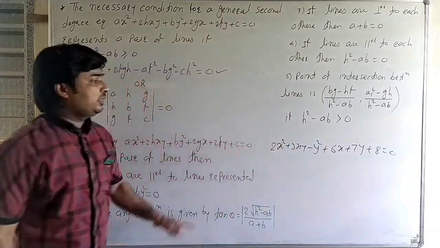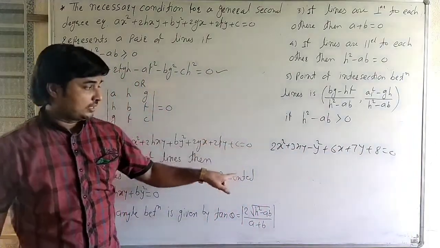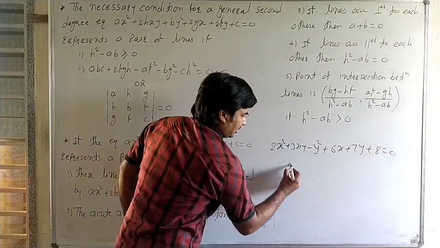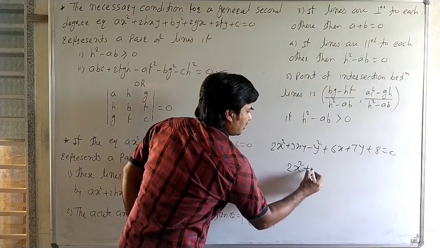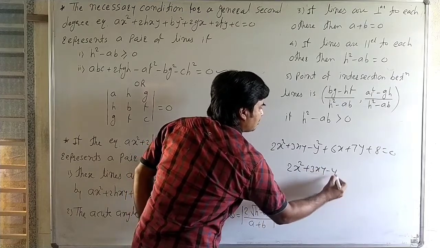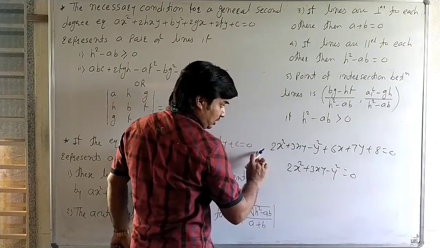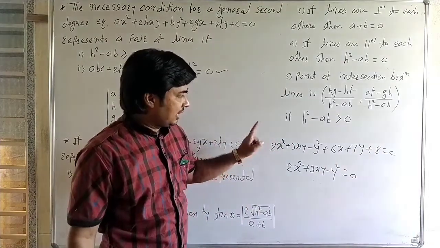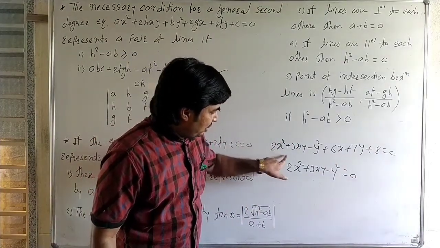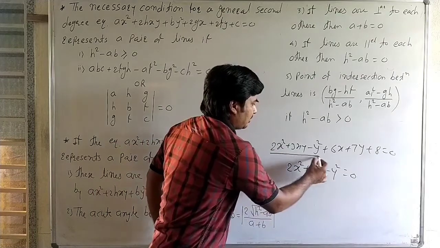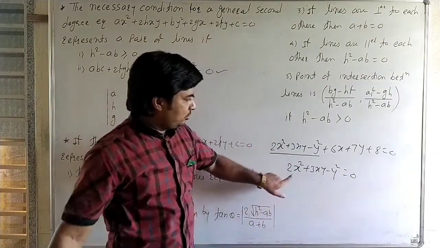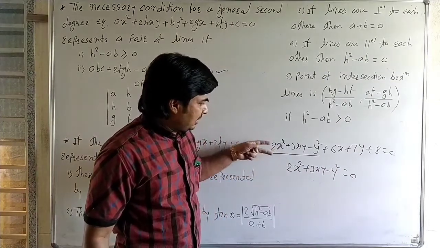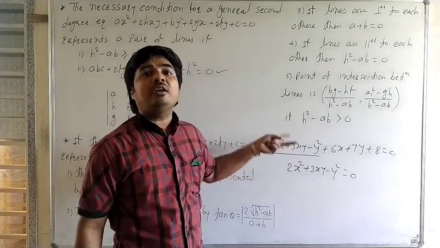If this equation represents a pair of lines, then the first three terms, 2x square plus 3xy minus y square equal to 0, represent a homogeneous equation, and these two lines are parallel to those two lines.